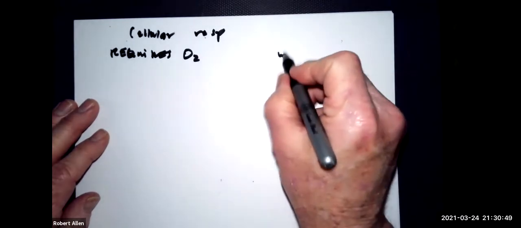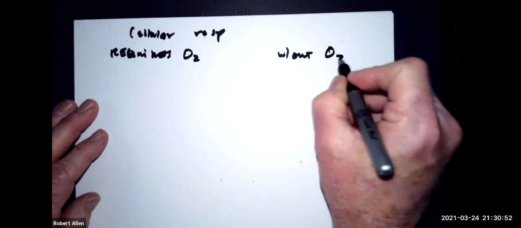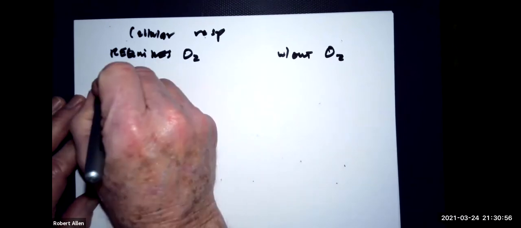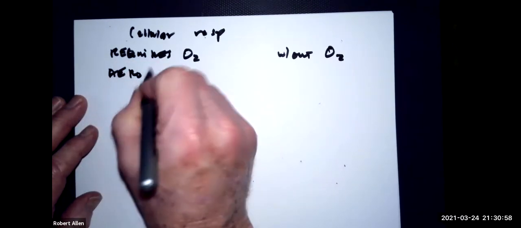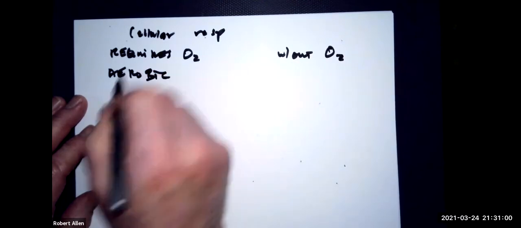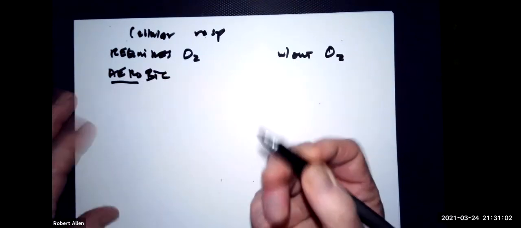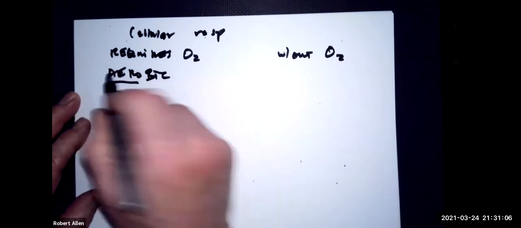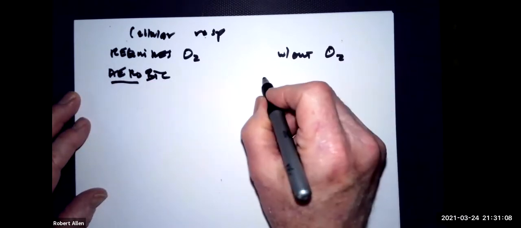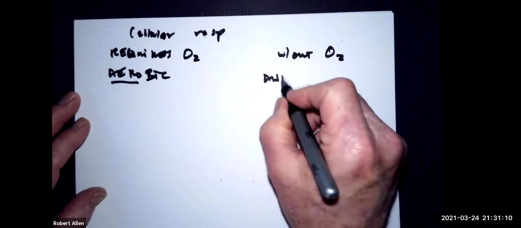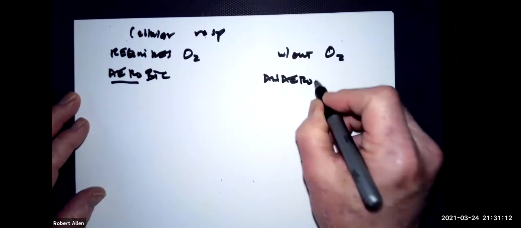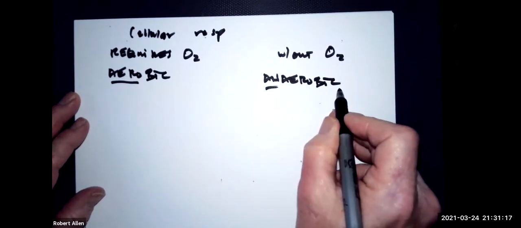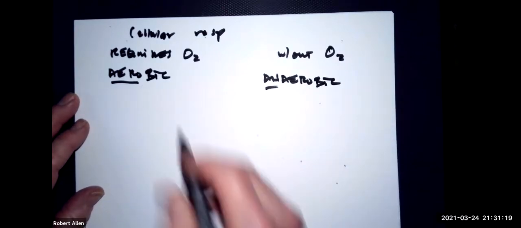I'm just going to say without O2, make that short. So the one that requires oxygen is called aerobic. Air, oxygen's in air. And then we make this negative by putting the prefix "an" in front of it. And we write the same word, aerobic. Not oxygen. So aerobic, anaerobic.